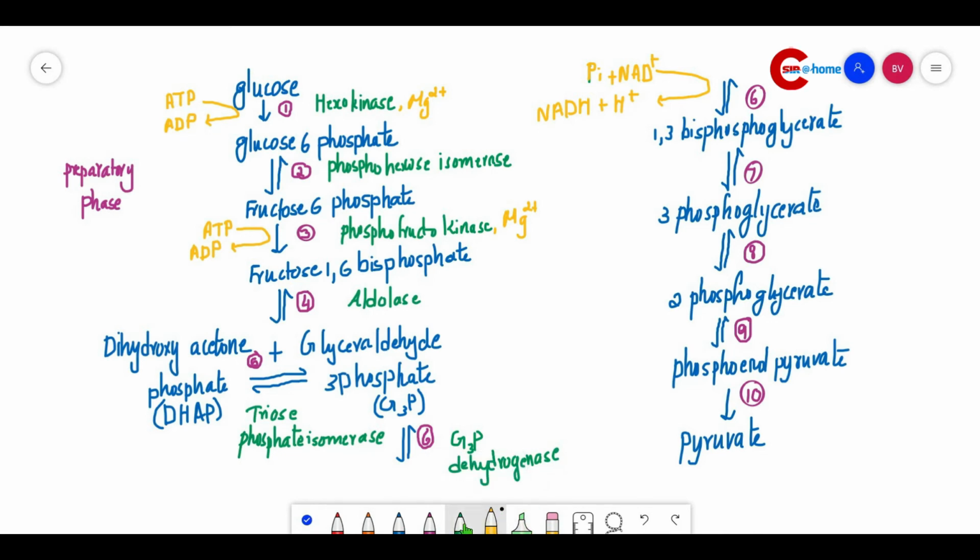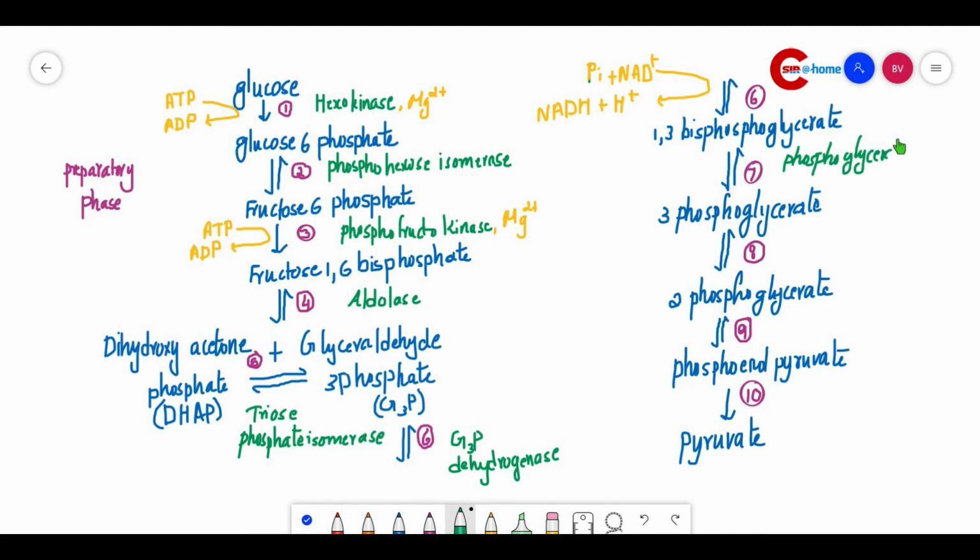And then this 1,3-bisphosphoglycerate is converted into 3-phosphoglycerate with the help of phosphoglycerate kinase. Kinase is there, that means phosphoryl group transfer.